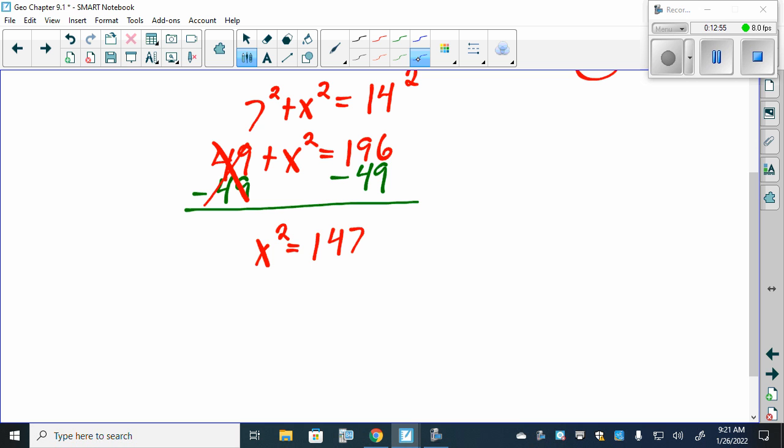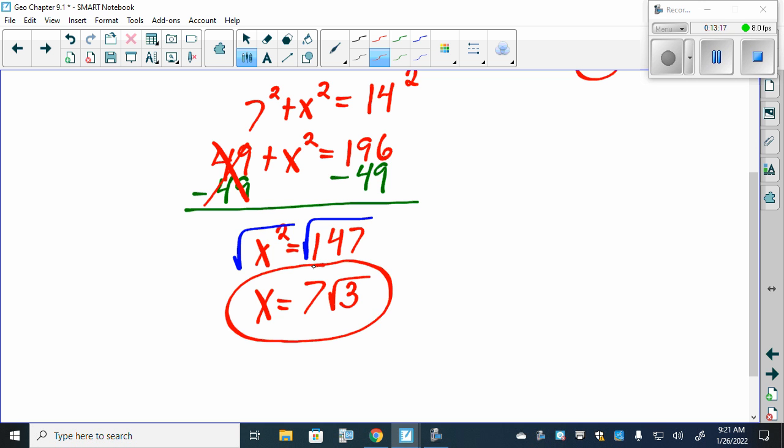And last but not least, what do we do? We would square root both sides, which would tell me that X is equal to the square root of 147, and that would be the answer.